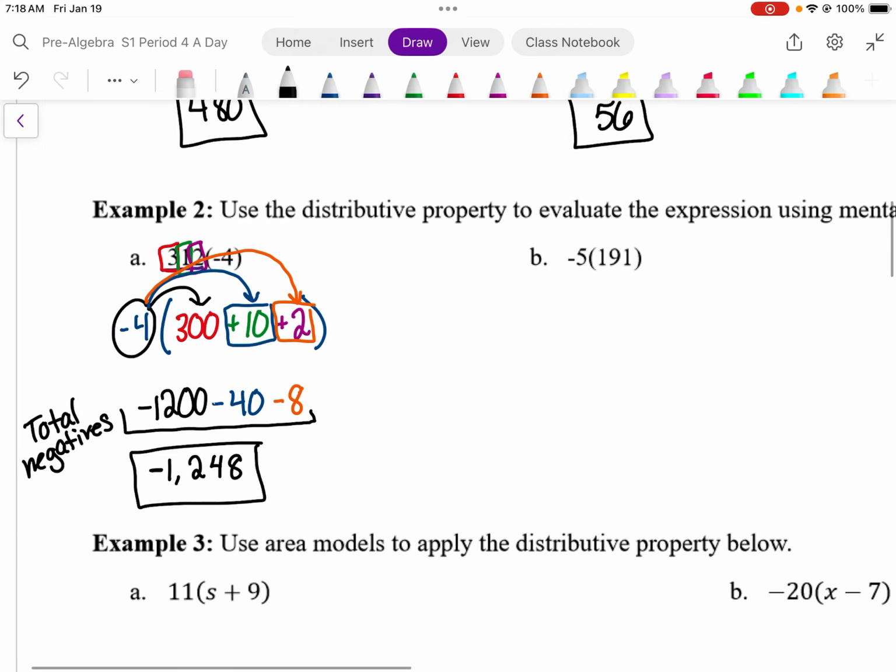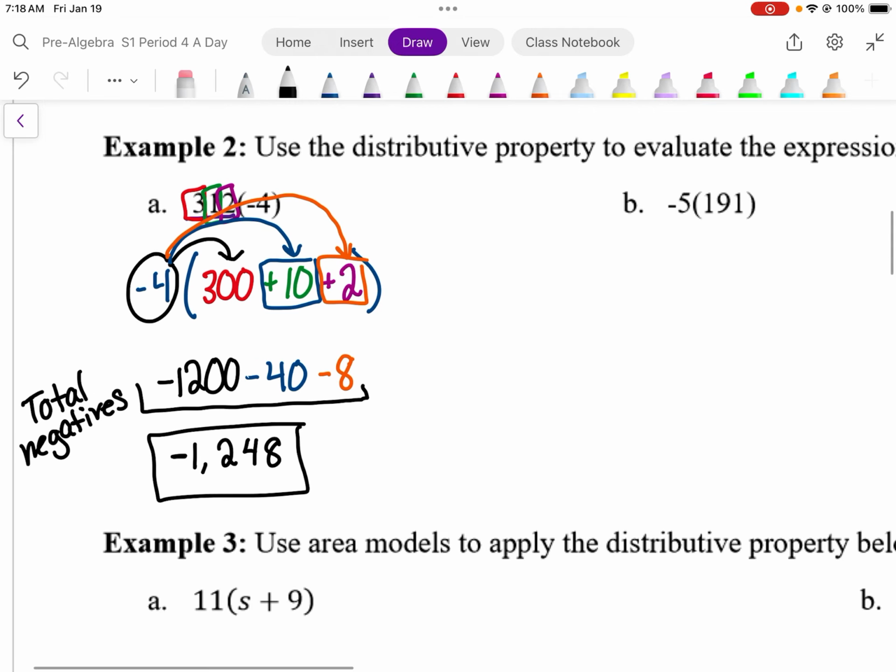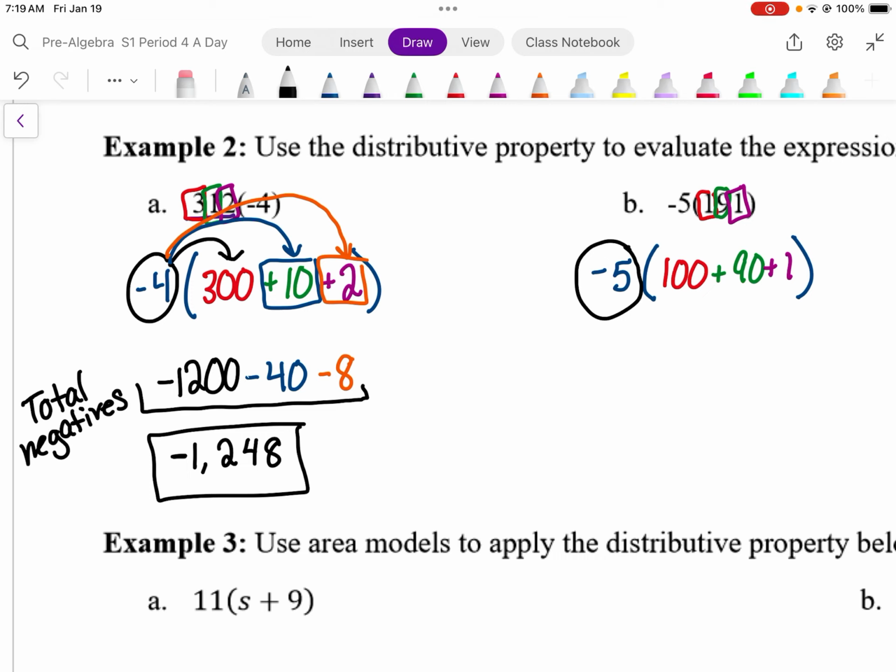Awesome. All right, let's go ahead and do the next one, part B. So we have -5, and we're going to be multiplying that by 191. So we're going to break it up again into the hundreds place, and then the tens place, and then the ones. Once we have that, then we are able to distribute or multiply.